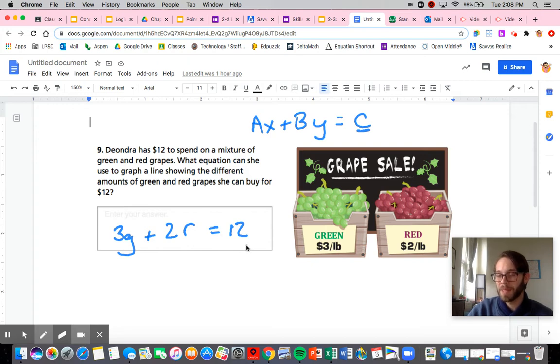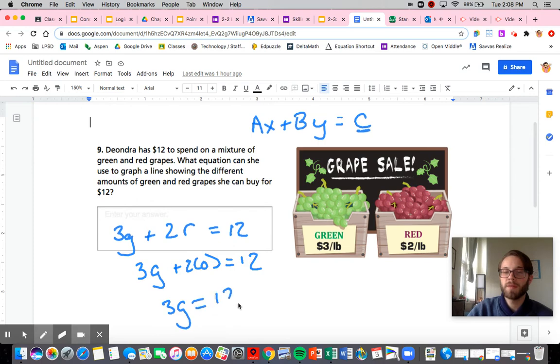And the intercepts on this one actually give you your maximum, right? If I were to solve this for one of the intercepts, let's say I want to know the maximum number of green, and let's say I get 0 red grapes. That would give me 3g equals 12. So my green grapes would be 4, right?